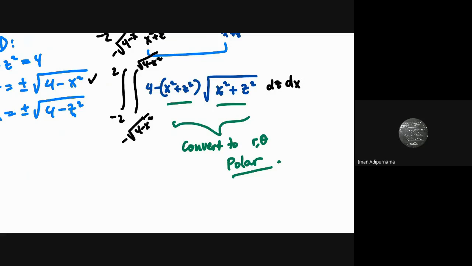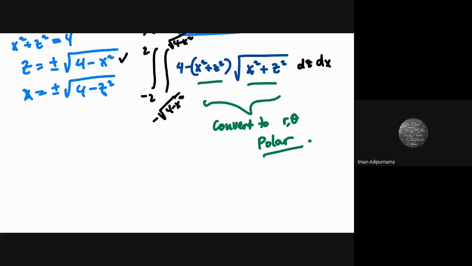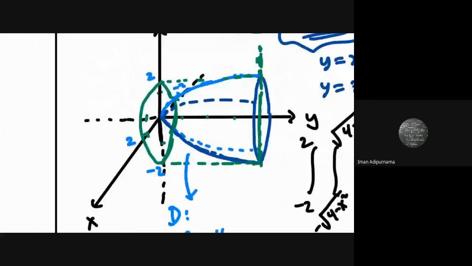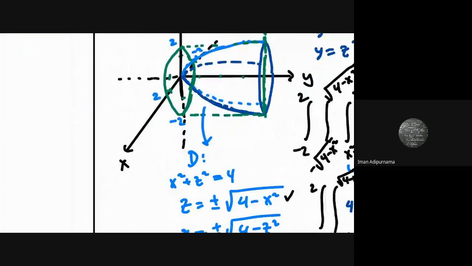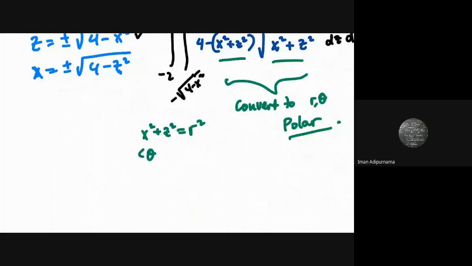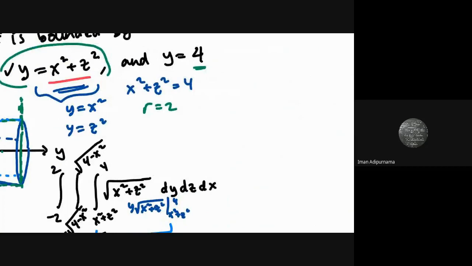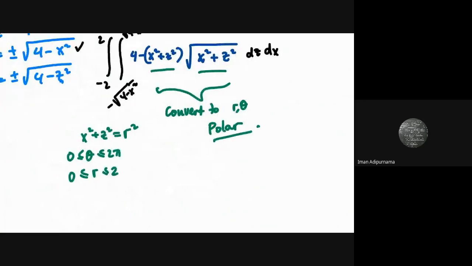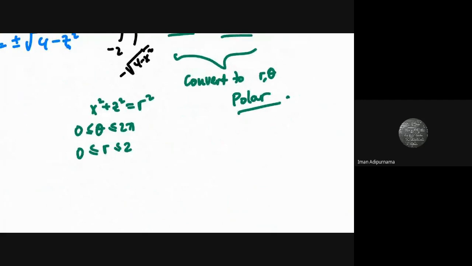Let's define x squared plus z squared as our r squared, and all will be based on the polar here. So we will have this circle, the whole circle. So theta will be from 0 to 2 pi, and r will be from 0 to 2, right? Because the maximum is 4, the r squared is 4, so r will be plus or minus 2, but in polar, it should be all positive.